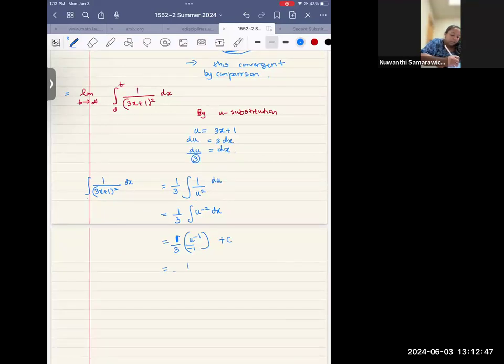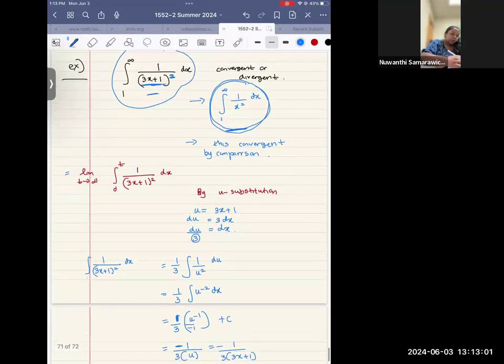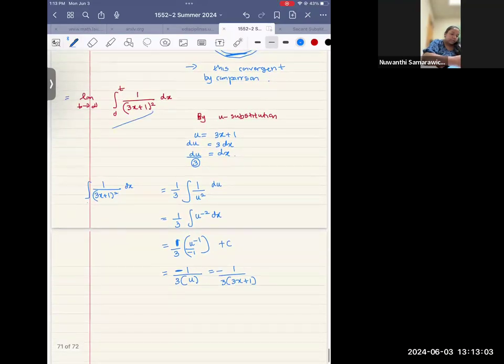So you will have negative 1 over 3 times u, where u is 3x plus 1.